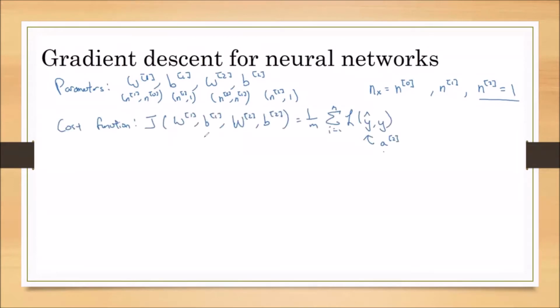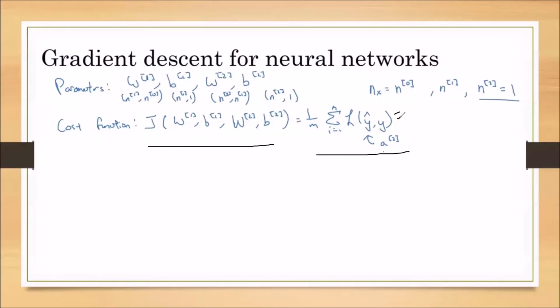Now I want to find the cost function. We already know the cost function is the summation of the loss function for m training samples, sigma i equal to 1 to m. The loss function gives the relationship between the predicted output and the original output. Whenever the loss function gives the minimum value, that means the predicted value and the original output value are near to each other.